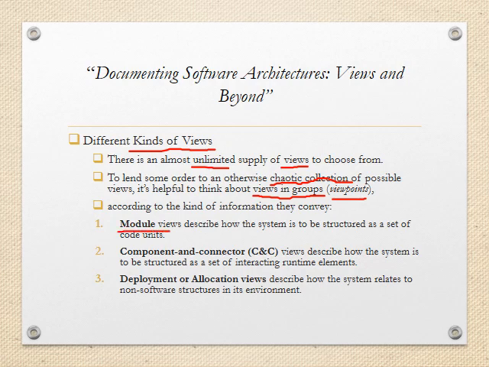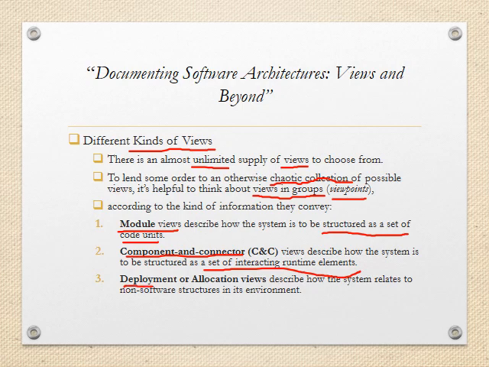We can describe them in different models, in different groups. First group, module views, describe how the system is to be structured as a set of code units. Second, component and connector views, describe how the system is to be structured as a set of interacting runtime elements.